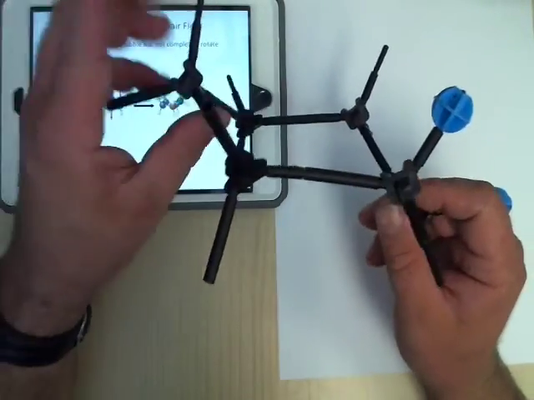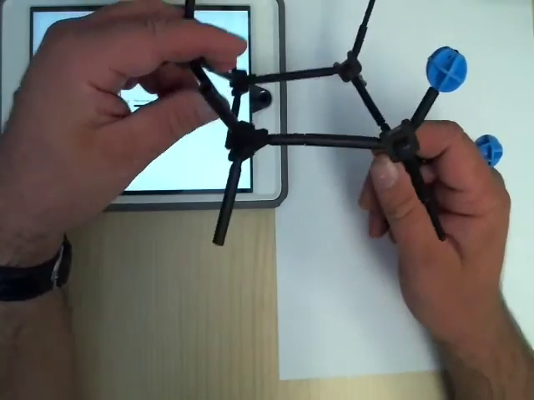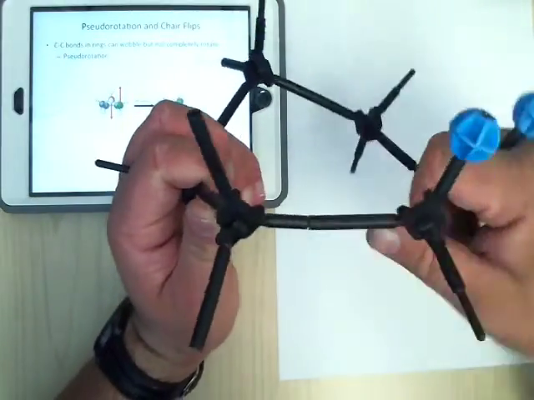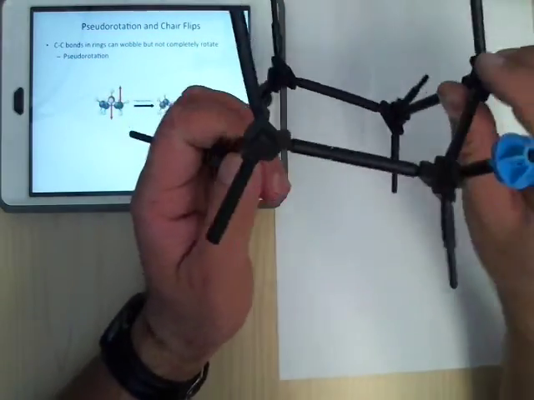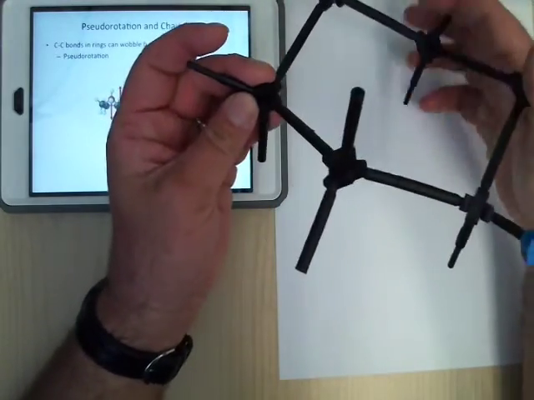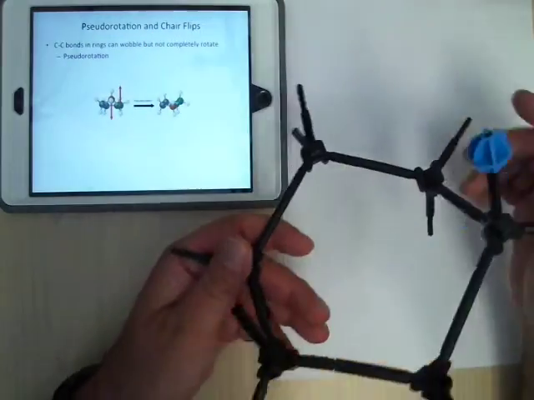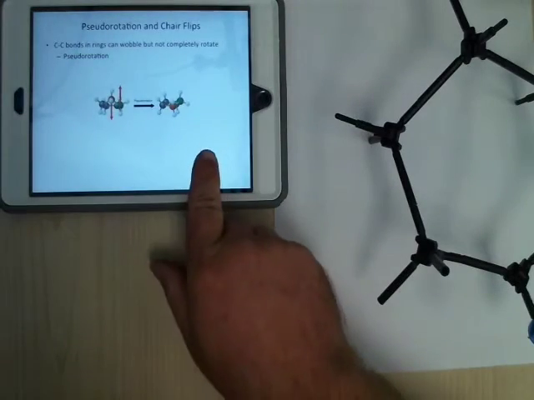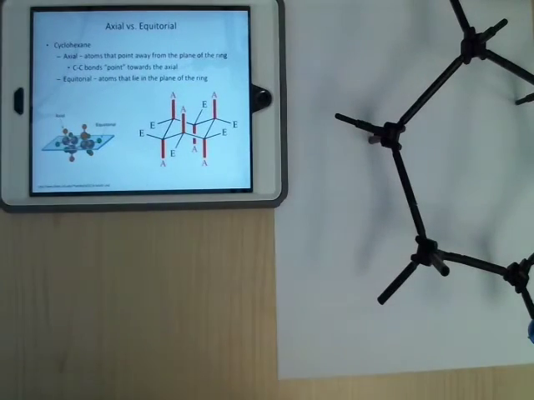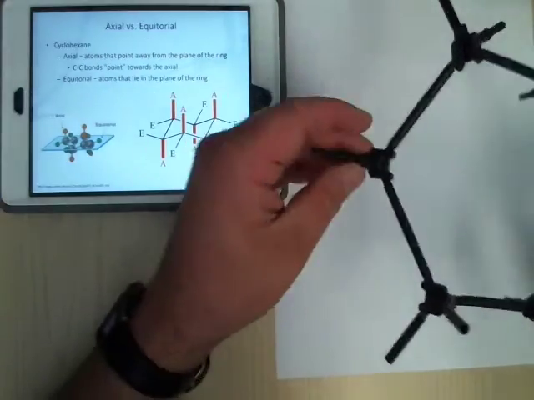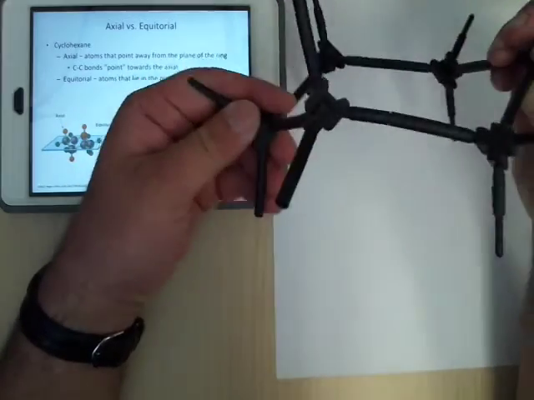You could take the one that's pointing this way and move it down here, and take this one and move it up. You can get some wobbles in there, but it's not true rotation, so they call this pseudo-rotation. This has pretty profound effects, and we'll talk about it in a second. But the first thing to talk about is what's called axial and equatorial.